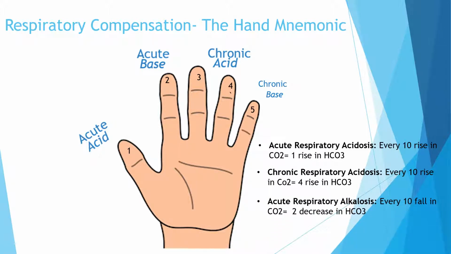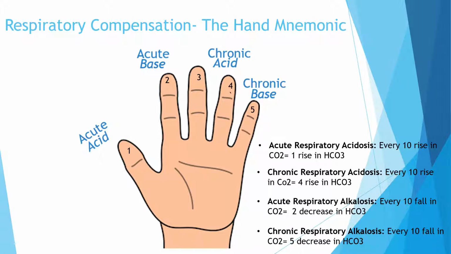For acute respiratory alkalosis, for every 10 fall in your carbon dioxide, it should lead to a 2-point decrease in your bicarb. And for chronic respiratory alkalosis, for every 10 fall in your carbon dioxide should have a 5-point decrease in your bicarb.